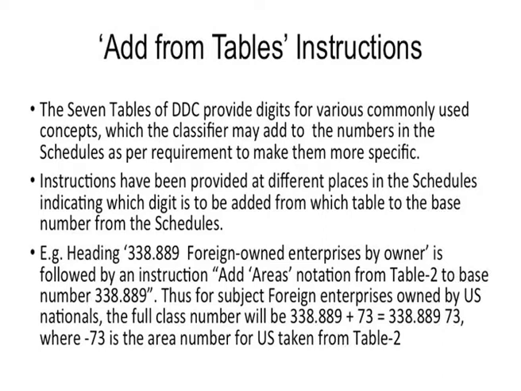Thus, for a subject on foreign enterprises owned by US nationals, we will add the number of US to the basic subject number, 338.889. The full class number of this subject will be 338.88973, where 73 is the area number of USA, taken from table 2.